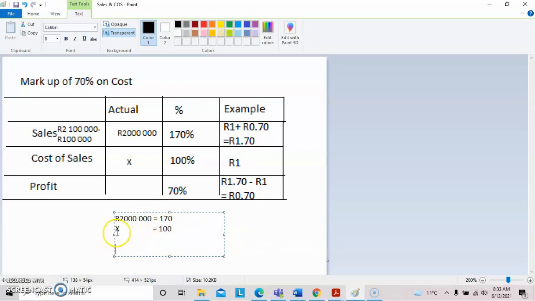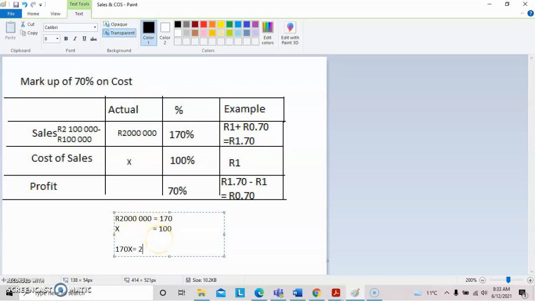So we say X multiplied by 170. If you say X times 170, you get 170x. And then equals, same thing, 2 million times 100.